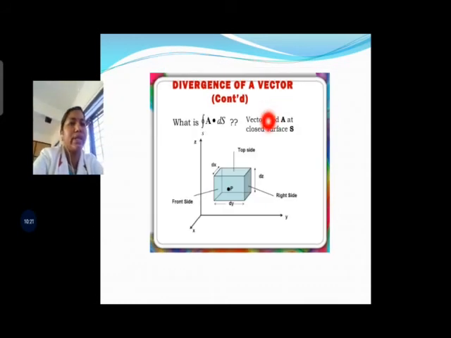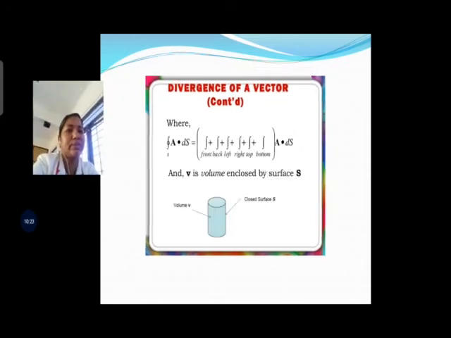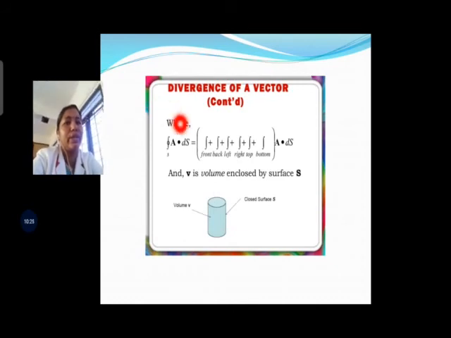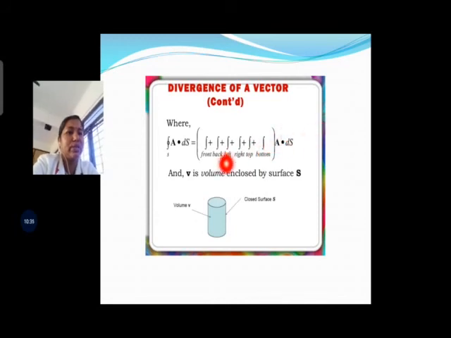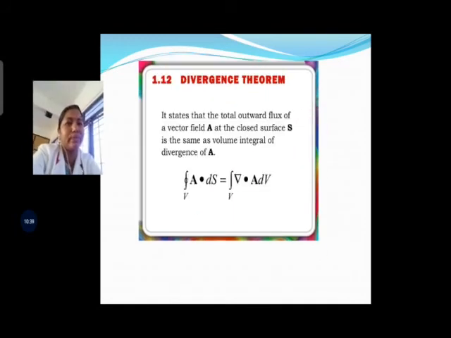So for the vector field A at a closed surface, A dot ds is summed over front, back, left, right, top and bottom. So we will get 6 equations for A dot ds. V is the volume enclosed by the surface.